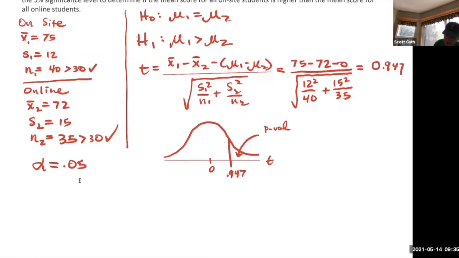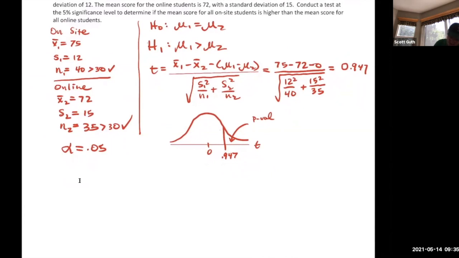All right, so let me write down what we get here for the degrees of freedom. My V1 is S1 squared over N1. My V2 is S2 squared over N2. So those will be the 12 squared over 40 and the 15 squared over 35.